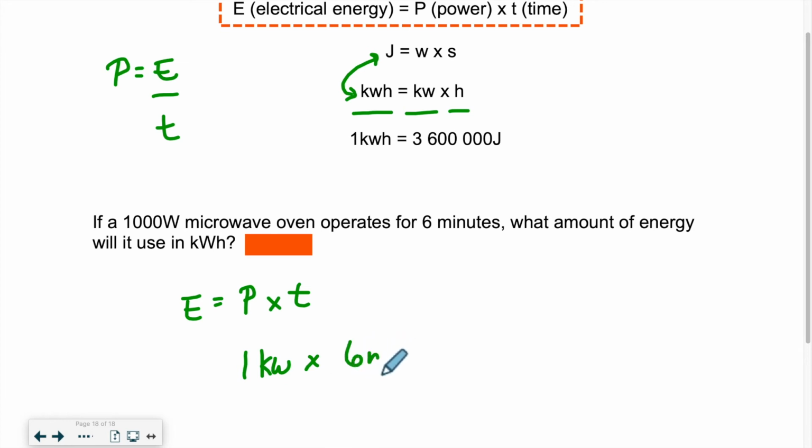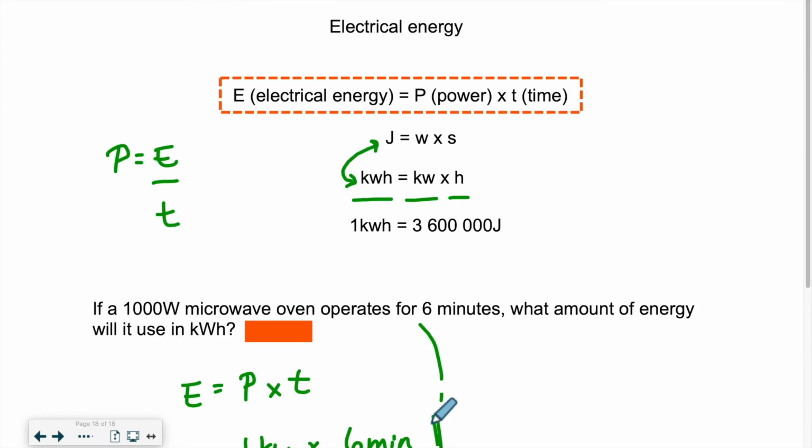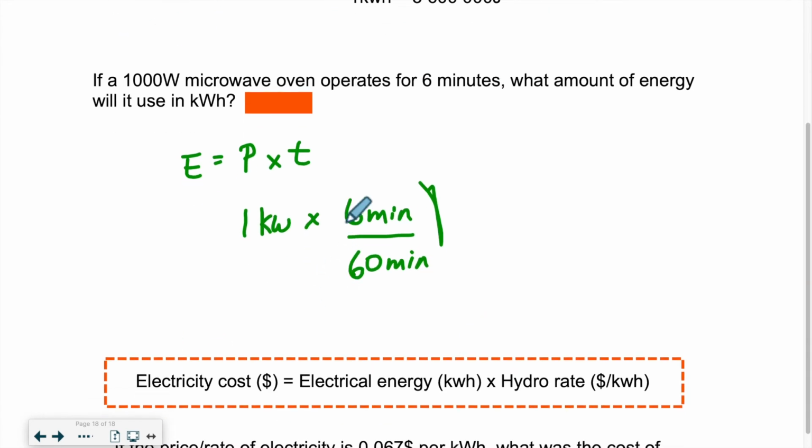I have 6 minutes, and in order to get hours, I have to divide this by the number of minutes in 1 hour. So this will be the equivalent of the time in hours. If I multiply 1 kilowatt by this conversion, I will get 0.1 kilowatt hour. That's the amount of energy in kilowatt hours that I am using while I'm using this microwave for 6 minutes.